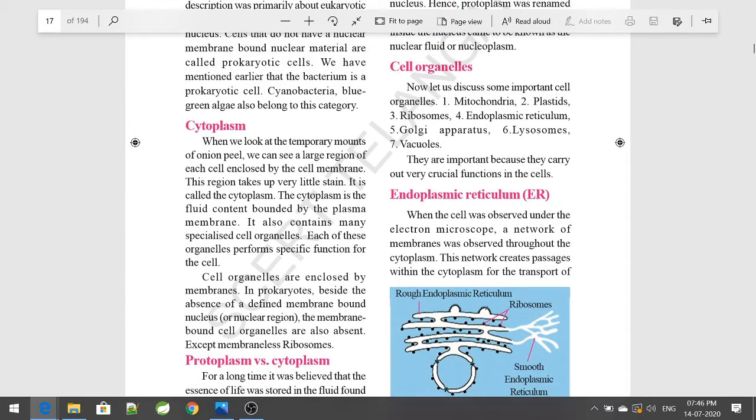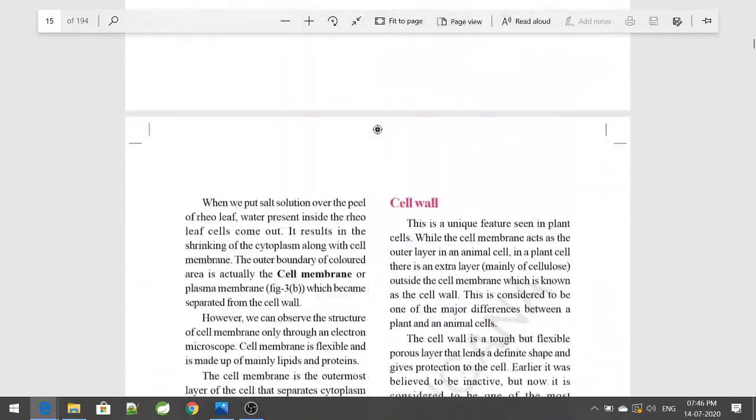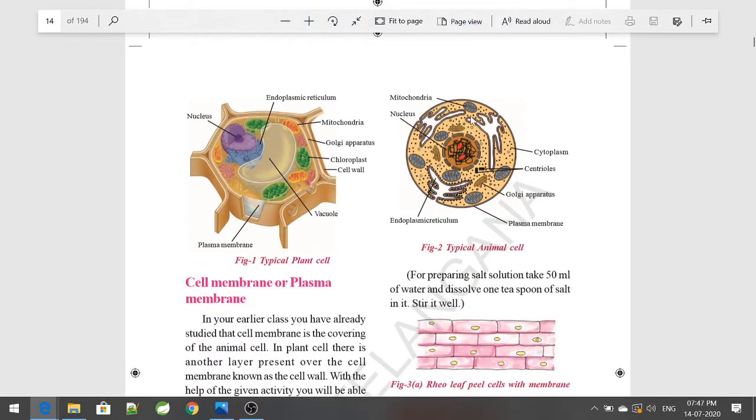Cell organelles. What are the cell organelles which are present inside the cytoplasm? There are mitochondria, plastids, ribosomes, endoplasmic reticulum, Golgi apparatus, lysosomes and vacuoles. See, we have seen here in the diagram these mitochondria, cytoplasm.